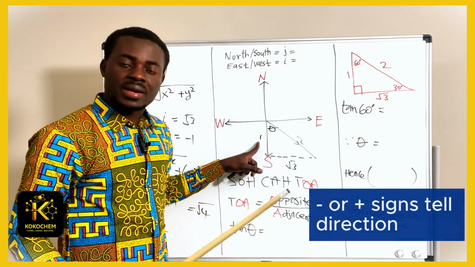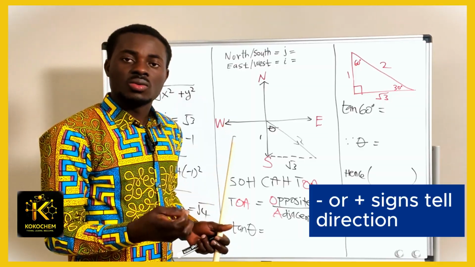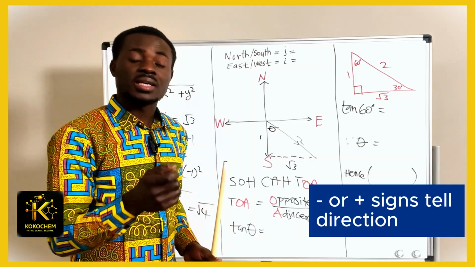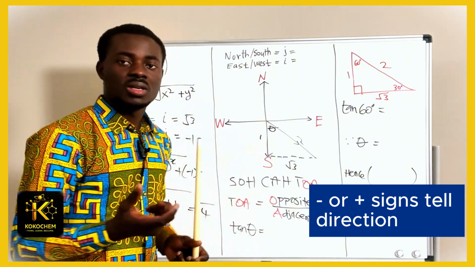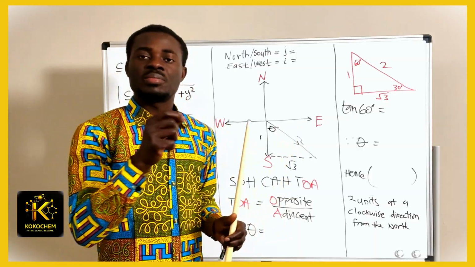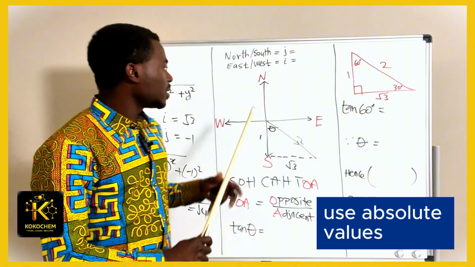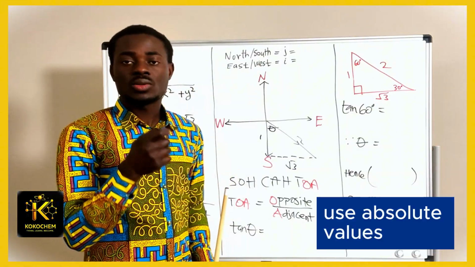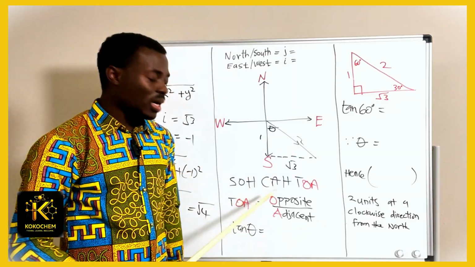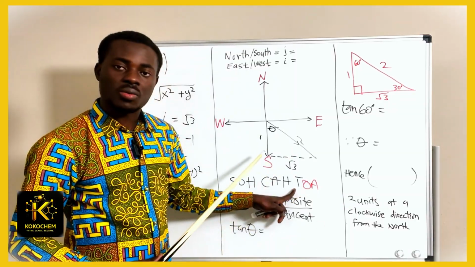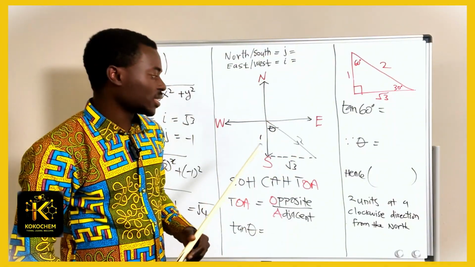To calculate the value of theta, we first find the absolute values, so the negatives become positive. The absolute value of minus 1 is 1. Now tan theta equals opposite over adjacent.